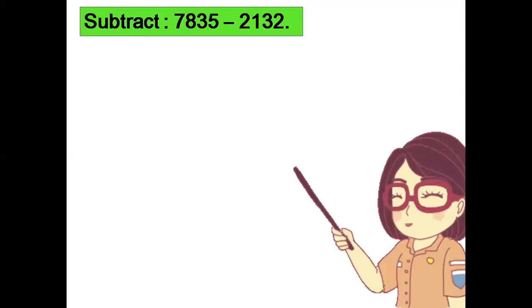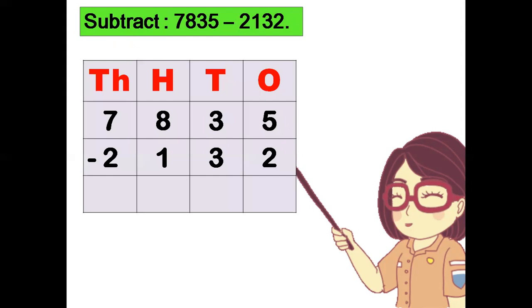Here we know 7835 is greater and 2132 is smaller. Now, step 2. Arrange them in a column one below the other. While finding the difference, we write the greater of the two given numbers on the top and then subtract.